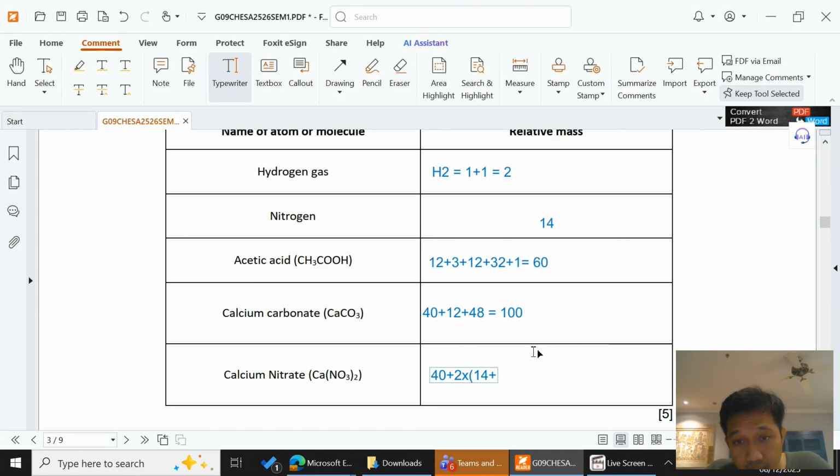O3 is 3 times 16, 48. So 14 plus 48 is equal to 62. 62 times 2, 124, plus 40, 164.